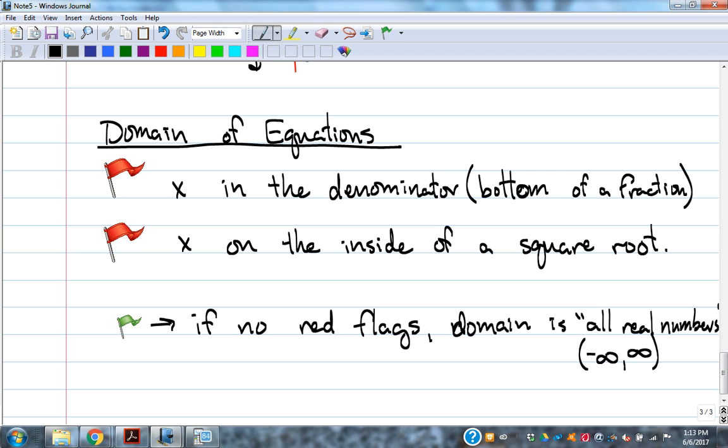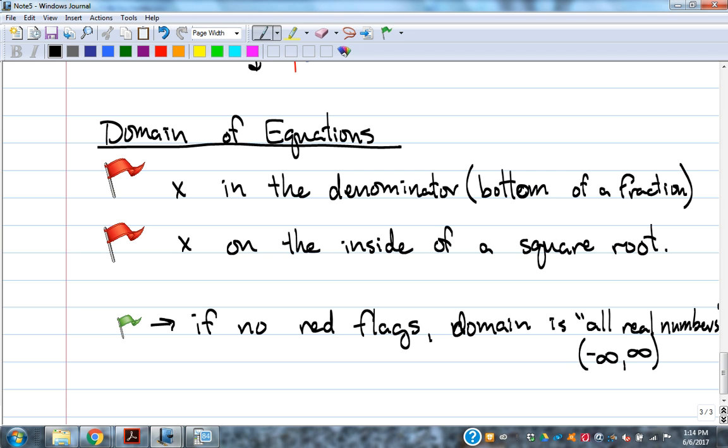We'll talk about that as we go here. Interval notation is just a different way of writing it, but we've got to start bridging our way toward that. So the red flags we're looking for are x in the bottom of a fraction, or x on the inside of a square root. If the problem doesn't even have fractions in it, there's no red flags. If the problem doesn't have a square root in it, there's no red flags. So the domain would automatically be all real numbers.